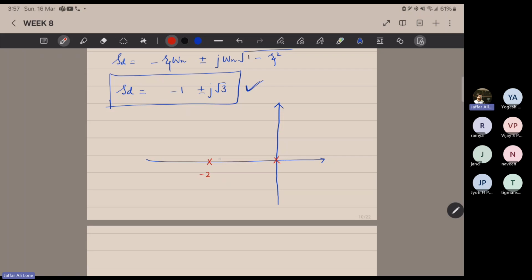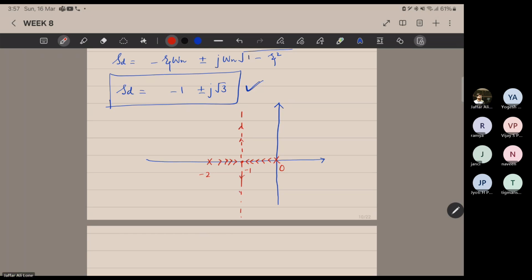Yes, the centroid is -1. So this is -1, this is 0, right? So this is the root locus of this system.